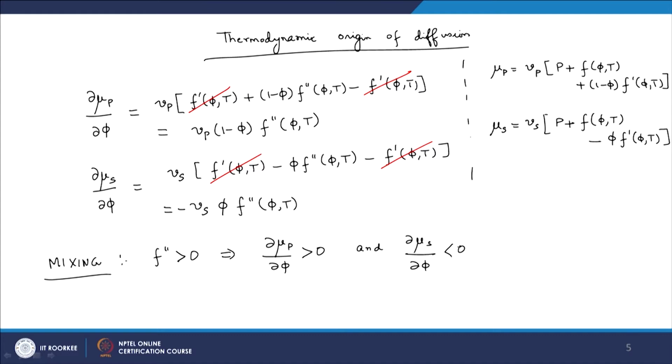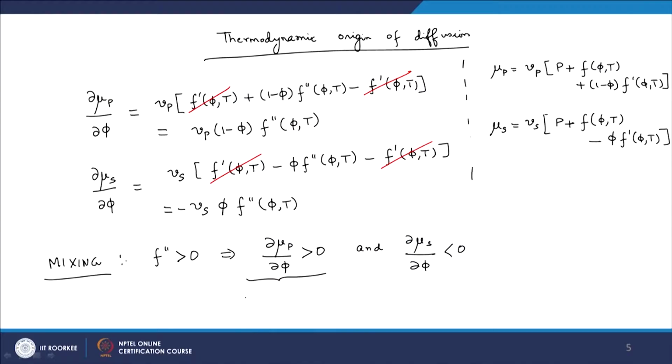Since things go from a higher chemical potential to a lower chemical potential, and what we see here is that mu p is increasing with increasing phi and mu s is decreasing with increasing phi, the chemical potential will decrease when the phi decreases.